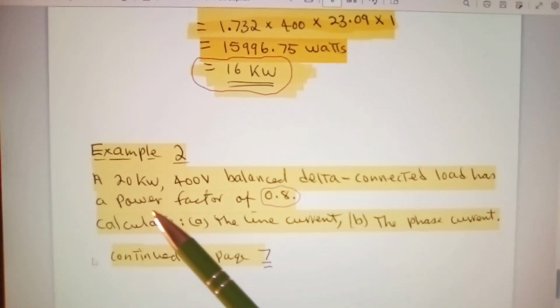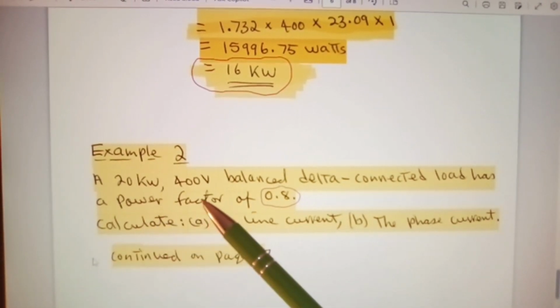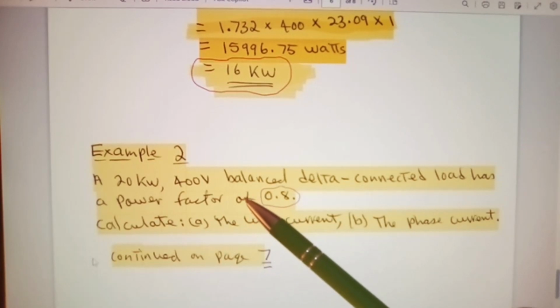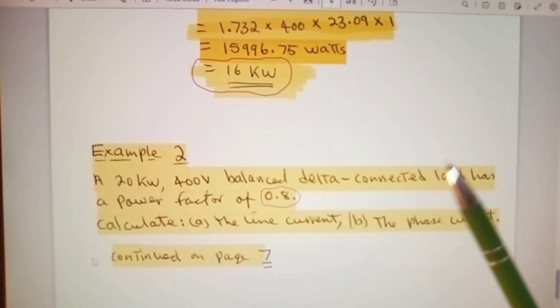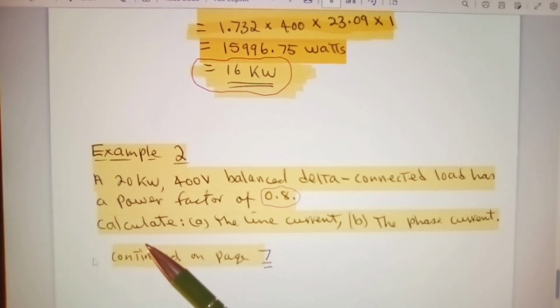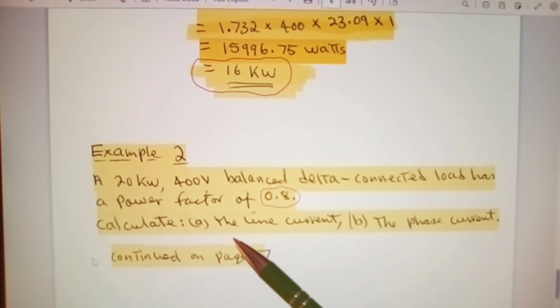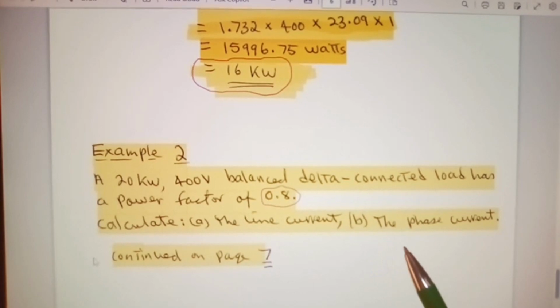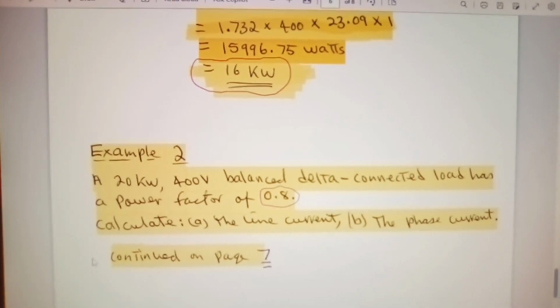A 20 kilowatt, 400 volt balanced delta connected load has a power factor of 0.8. Calculate A, the line current, and B, the phase current.